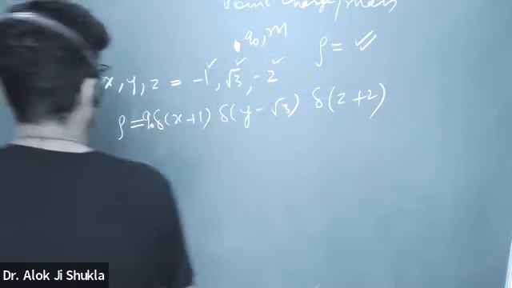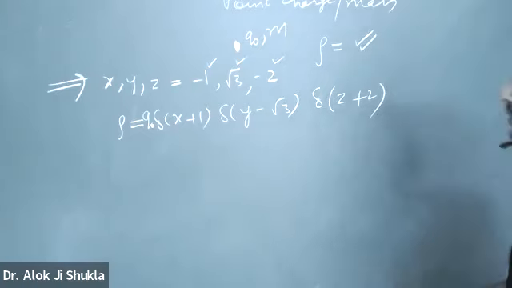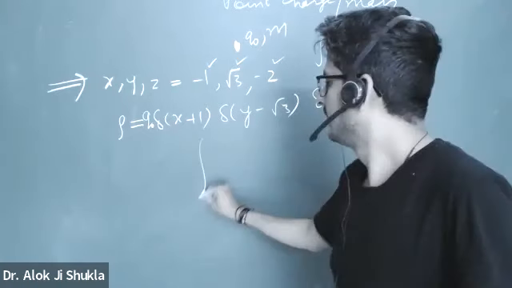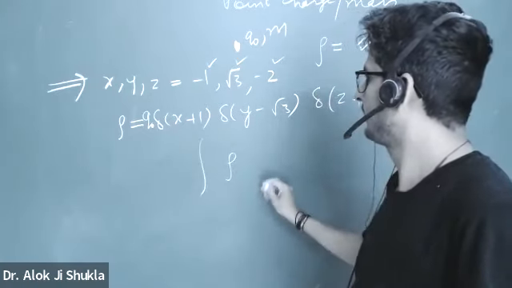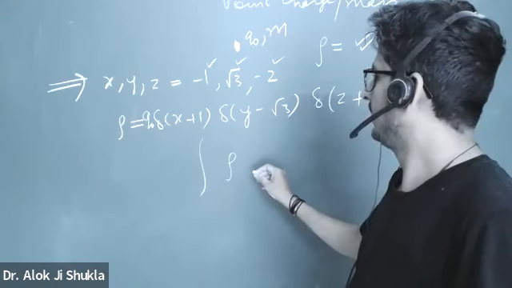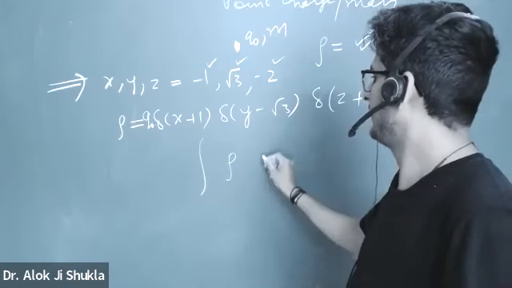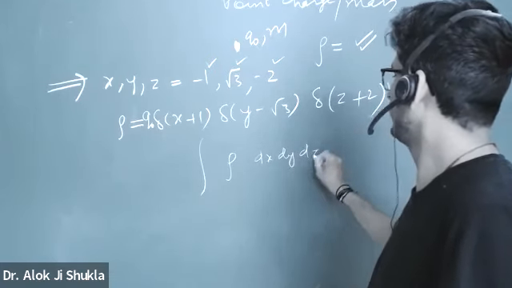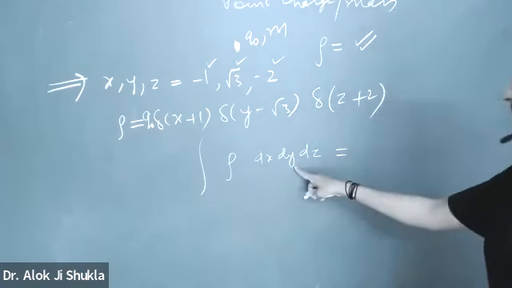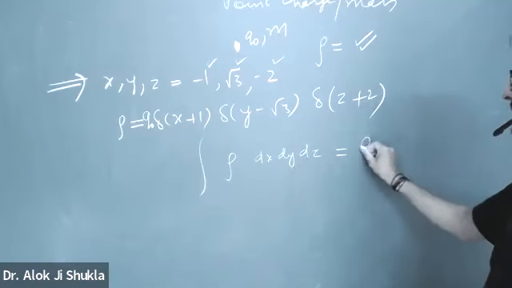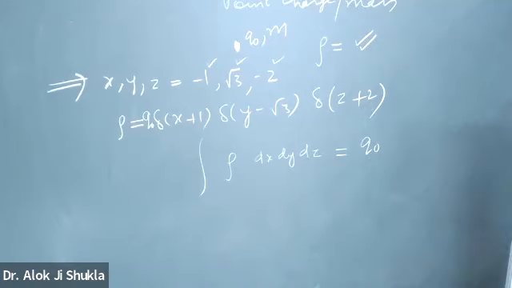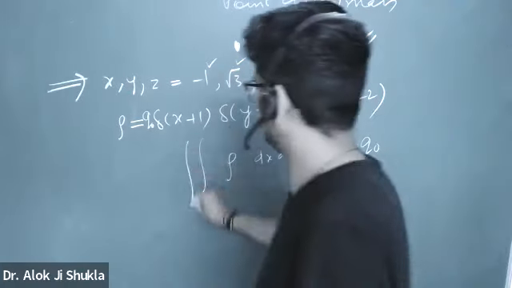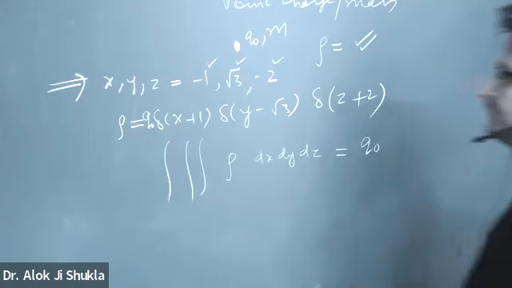Because when you integrate rho dx dy dz, what will you get? Rho d tau will give you the charge Q naught. You can see that. Put the triple integral. समझ आया या नहीं?